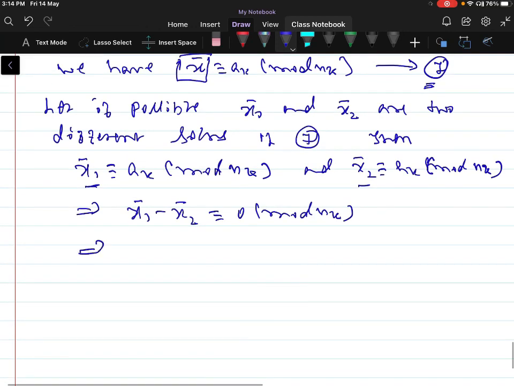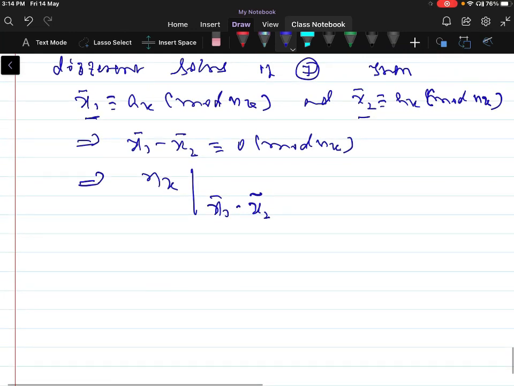This implies nk divides x1 bar minus x2 bar. So n1 divides x1 bar minus x2 bar.